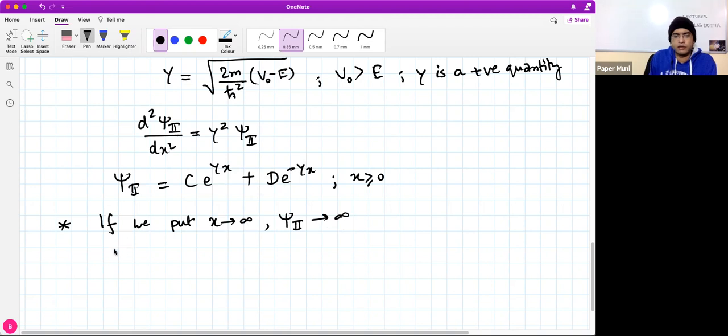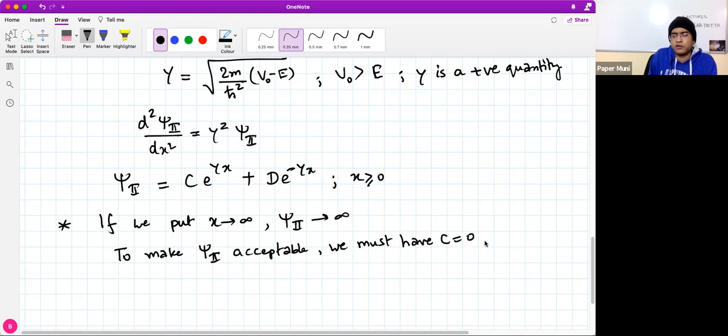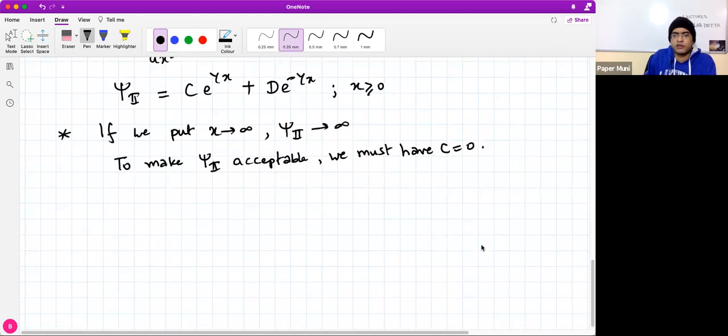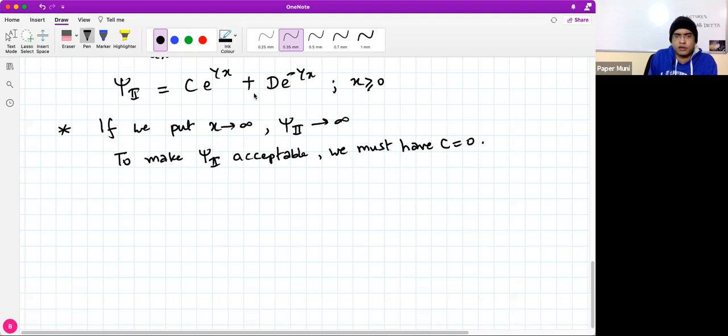Now to make psi 2 acceptable, we must have c equal to 0. We must have c equal to 0.